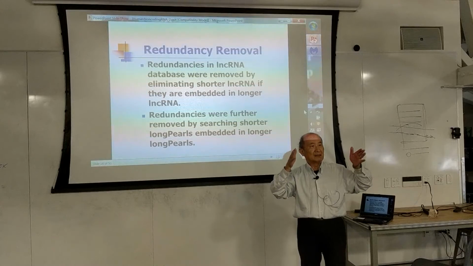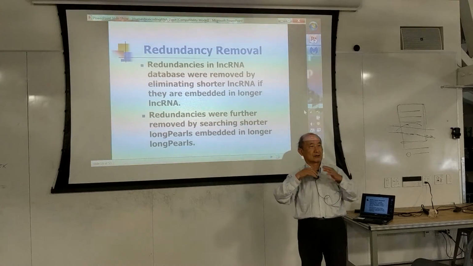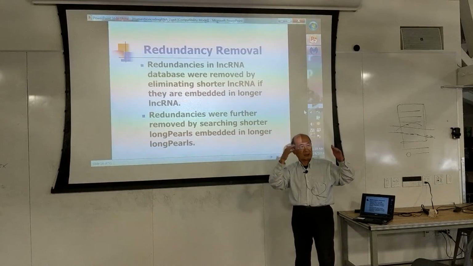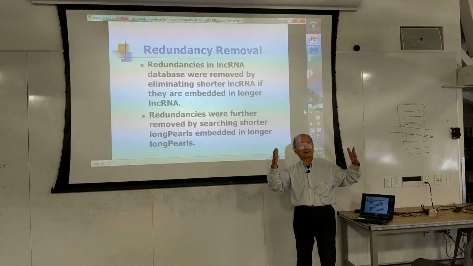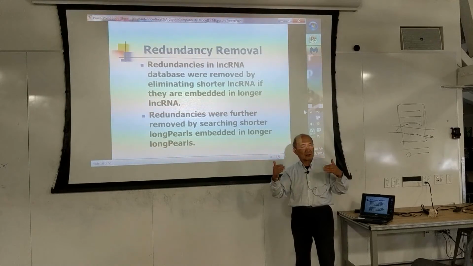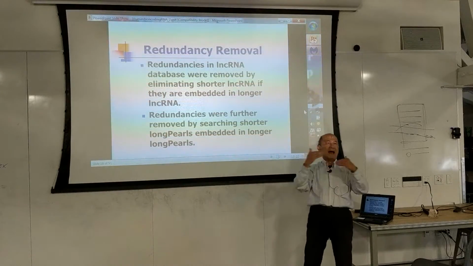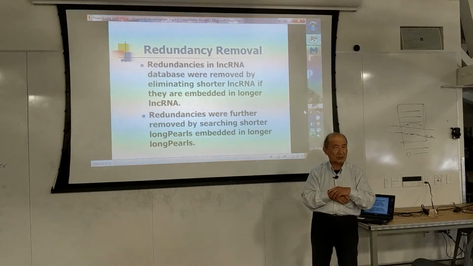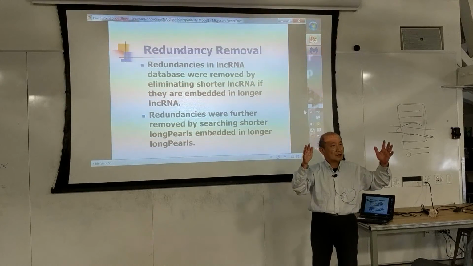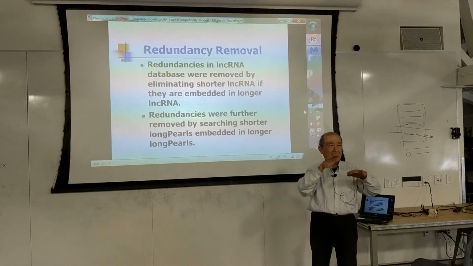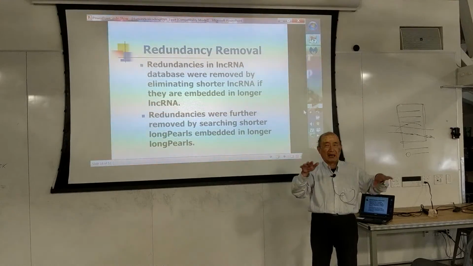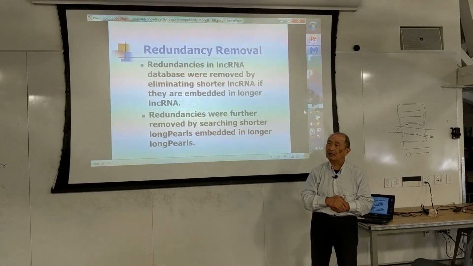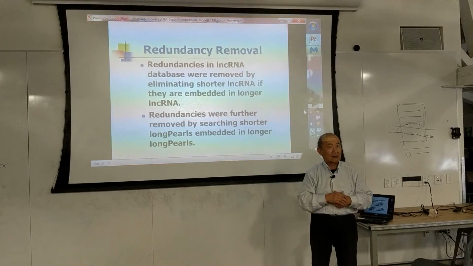If a shorter pair occurred in a longer pair, that might be redundancy. So from that, I would go back to look for these long pairs in the original data file. If I can see these long pairs in two different RNAs, I would try to remove the shorter one.